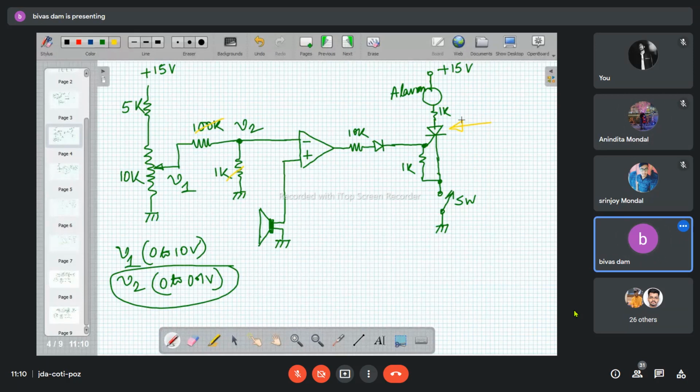In an SCR there will be 3 junctions, PNPN. Now in this SCR, there will be one anode, one cathode, and a third terminal that is called the gate terminal. Anode, cathode, and gate.